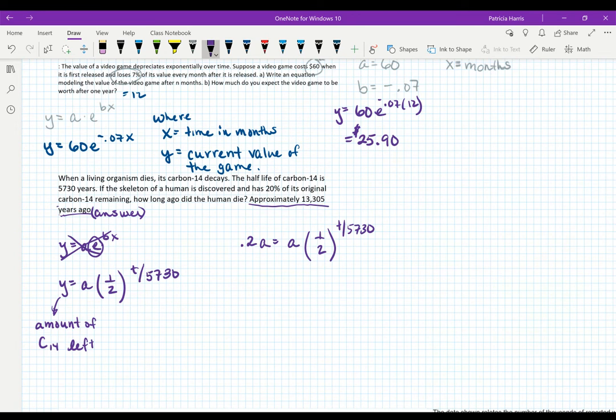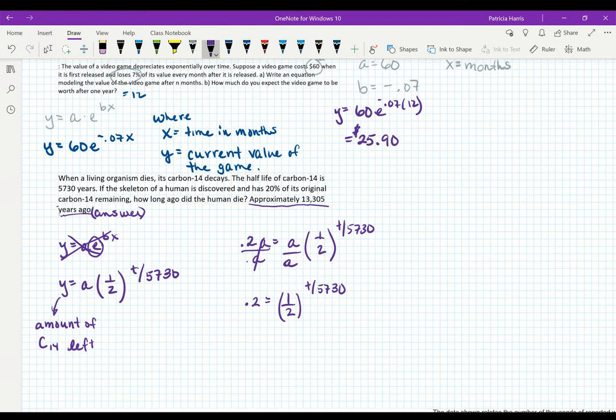Now the cool thing about this is I can divide off the A, and the value of A actually doesn't matter. So I have 0.2 equals 1/2 to the t over half-life, like that. Now we have a problem.